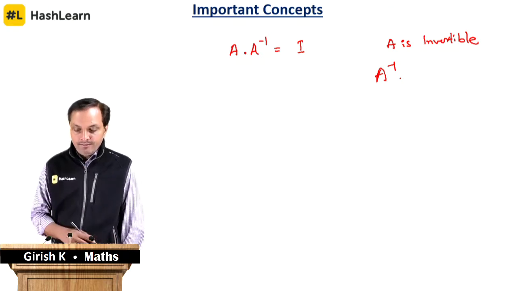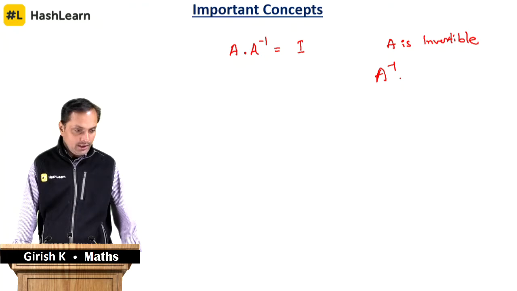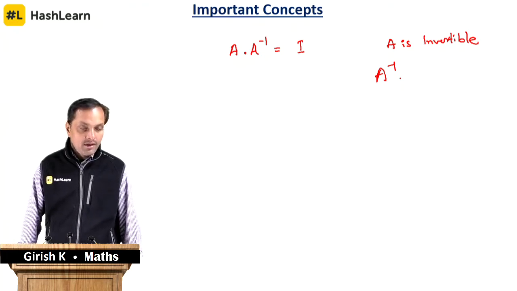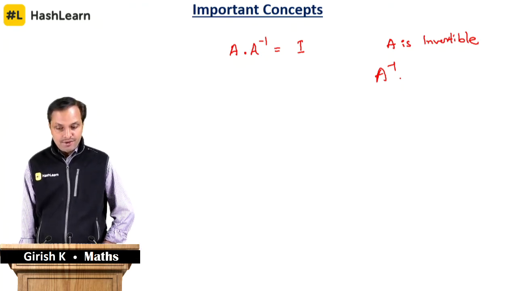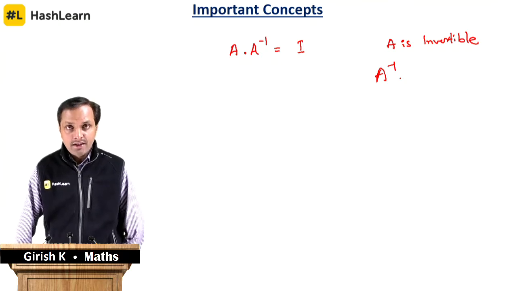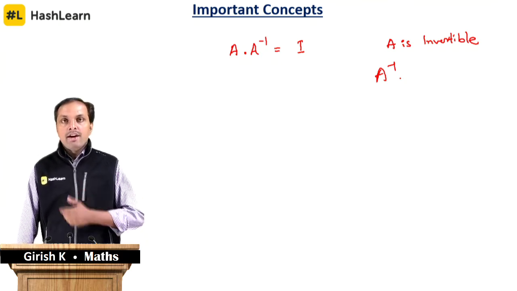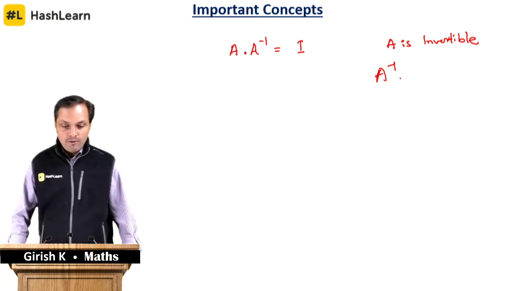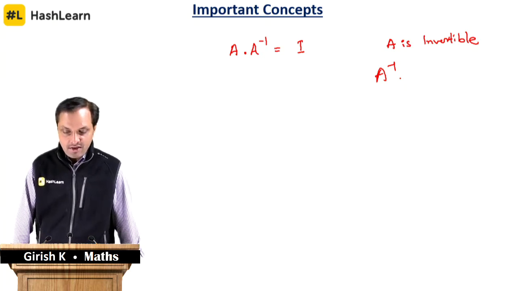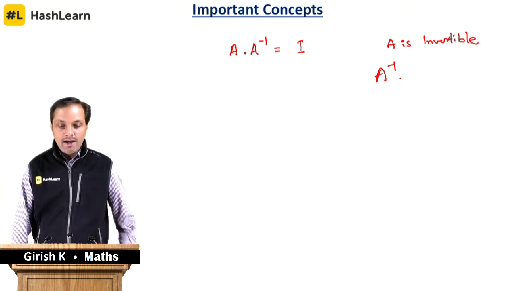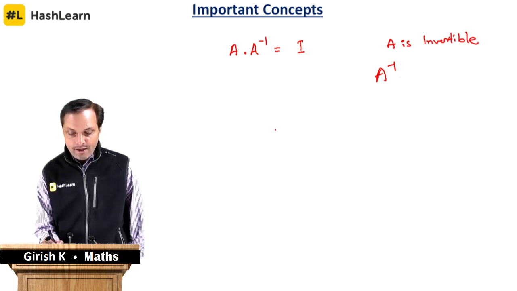In the regular classes in your college, you would have learned to find the inverse by using row and column transformations. When it comes to entrance examinations, generally we won't follow those methods or steps. Here you can directly find A inverse.